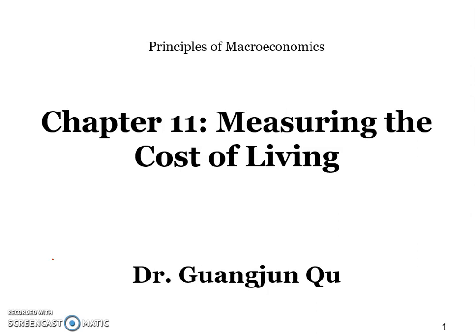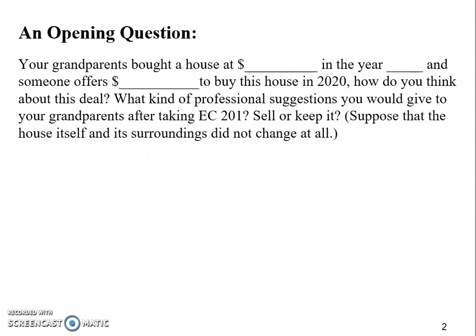All right. Now, here we're going to start with an opening question. Your grandparents bought a house at a price in the year blank, and someone offers blank to buy the house in 2020. Now, here I would ask you to pause the video and reach out to your grandparents.